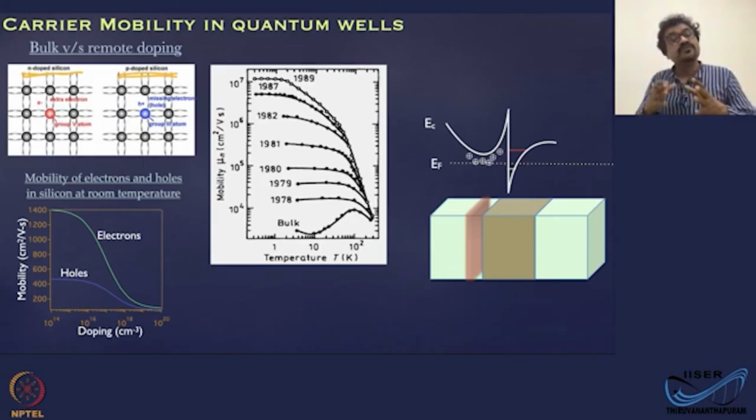But then you will not observe any quantum mechanical phenomena, because your mobility is very bad. You pump a lot of electrons into the system, but there are so many scattering events.